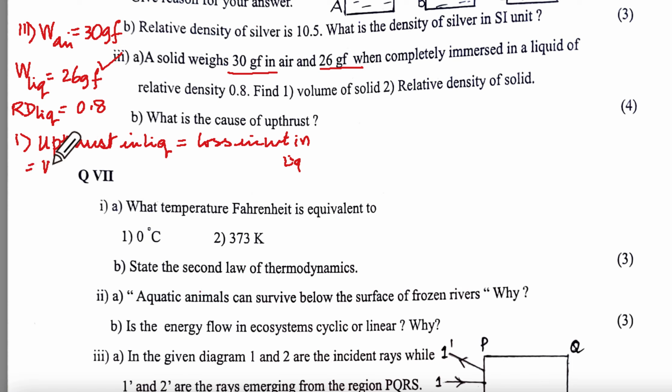Which will be W air minus W liquid. Correct? Which is equal to 30 gf minus 26 gf, which is equal to 4 gf. Correct?